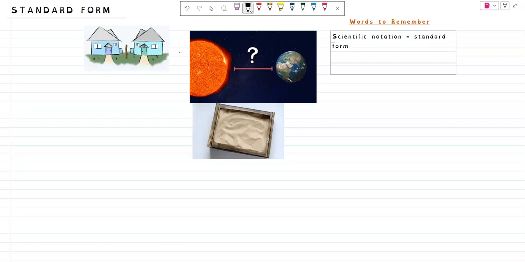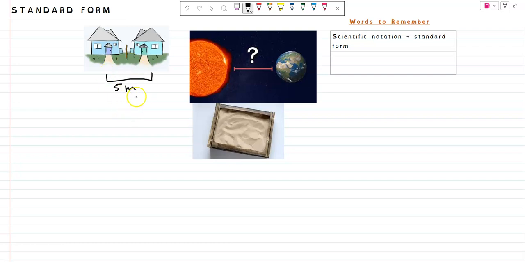When we are speaking to each other and we're speaking about the distance between two houses, how would we describe the distance between these two houses? We would say it would be meters or kilometers, right? So from this house to that house, we would say it's about 5 meters away from each other.